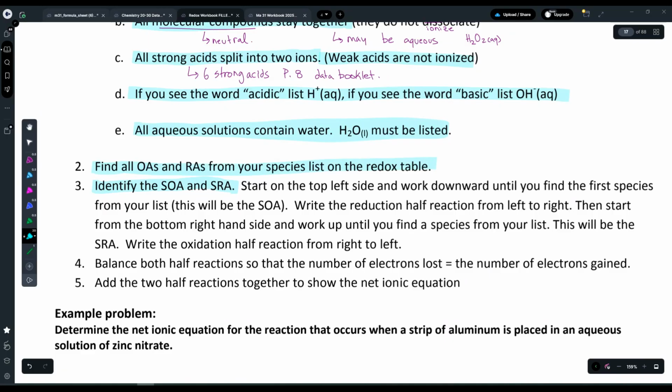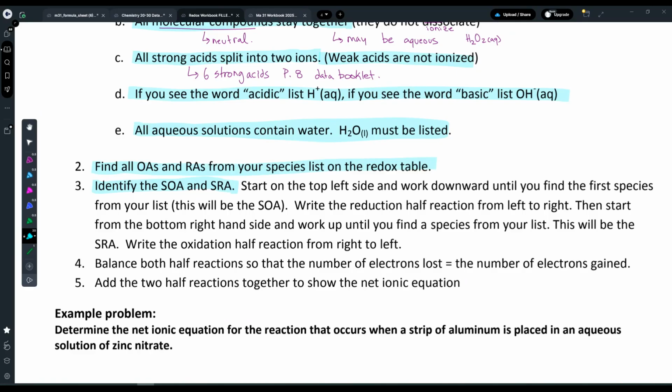For your SOA, you're going to start in the top left-hand corner of your redox table on page 7 of your data booklet, and slowly scroll your finger down the list until you hit your first species on your list.